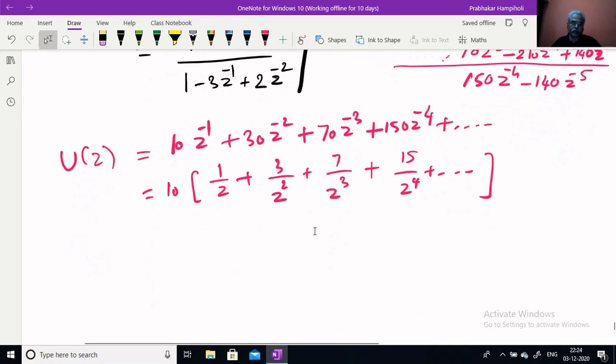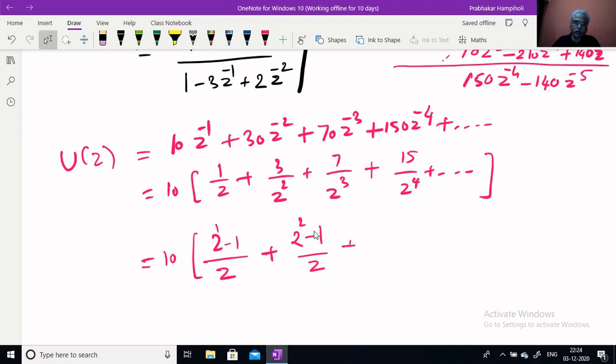Now to get a pattern of this, because the coefficients of z become u1, u2, u3, u4 along with 10. So 10 times this is 2 minus 1. This is 2 square minus 1. This is 8 minus 1, 2 cube minus 1. That is, this becomes our u1, this becomes our u2, this becomes our u3, 2 cube. Then next will be u4, 2 raised to 4, which means 16 minus 1.